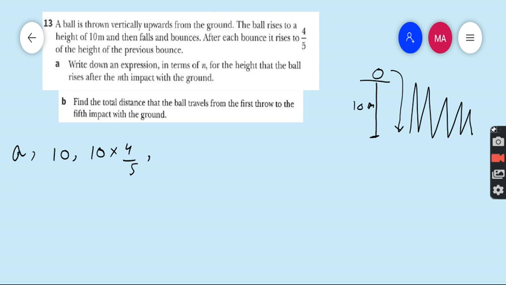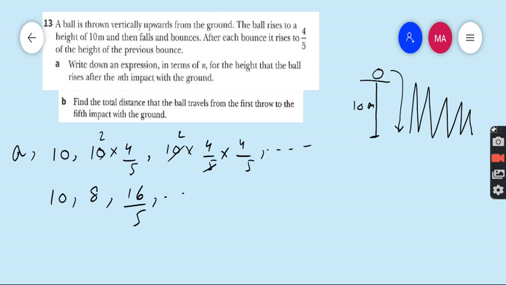The next height is 10 times 4 upon 5 times 4 upon 5, and so on. Now see carefully: 5 twos are 10, 2 fours are 8. Then 8 fours are 32, so 32 upon 5, and so on.